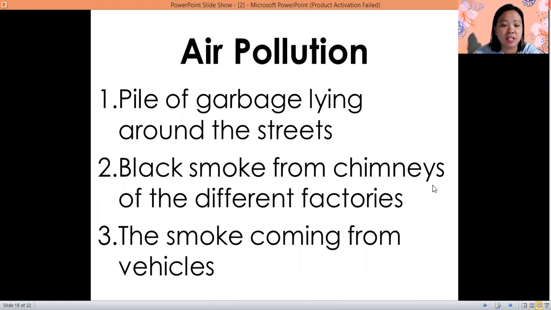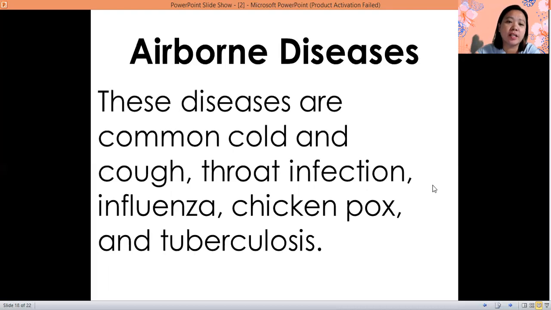Pile of garbage in the streets, black smoke from the factory, and the smoke from the vehicle. So what are the airborne diseases that we can get? Of course, we can have a common cold, a cough, throat infection, influenza, chicken pox, and tuberculosis.